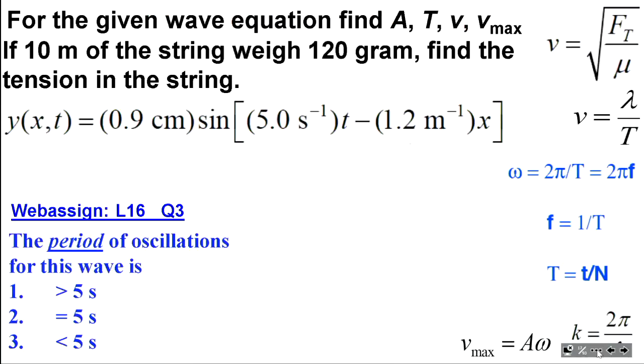Well, while you're doing that, I'm going to start analyzing the whole structure of this equation. So in general, a wave equation looks like this. There's a number which represents the amplitude, a trigonometric function which represents how the wave is generated at the source, and then an expression, which in general is called a phase.